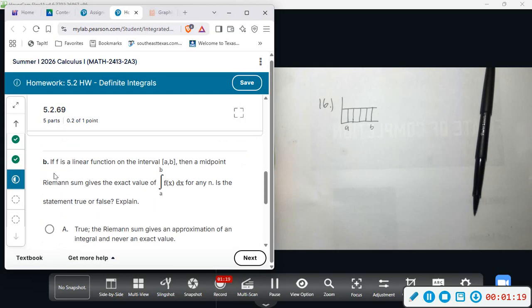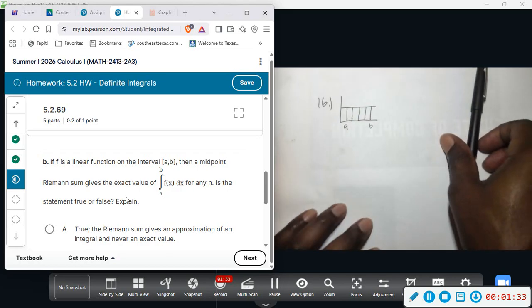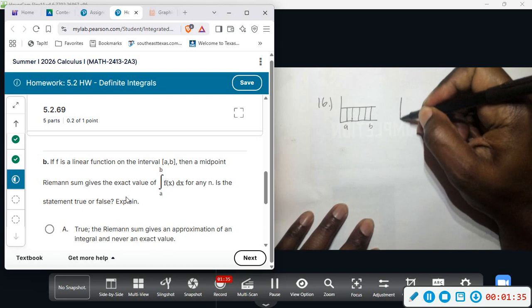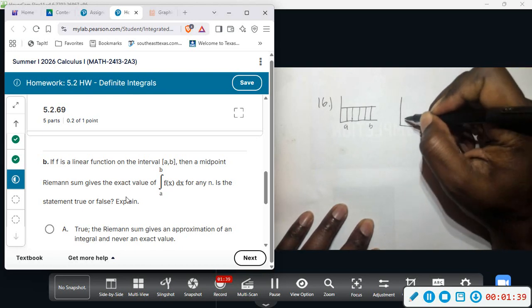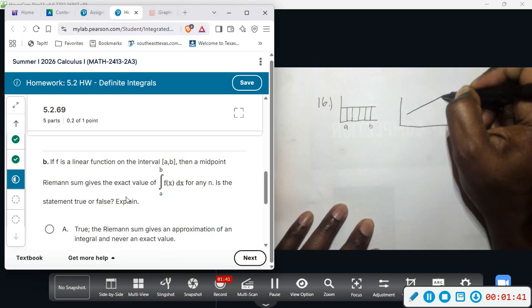All right, part 2 says if f is a linear function on an interval [a, b], then the midpoint Riemann sum gives the exact value of the integral from a to b of f(x) dx for any n. Is this statement true? So when we deal with a linear function, and it could be increasing or decreasing, let's just call it an increasing function.